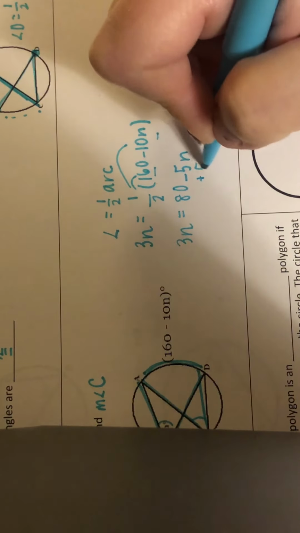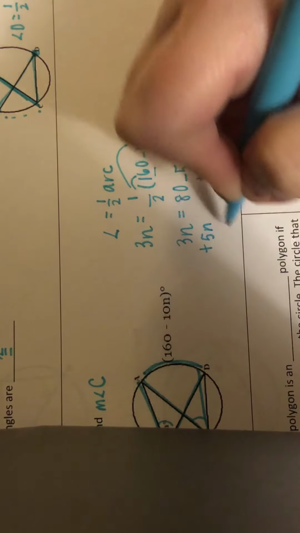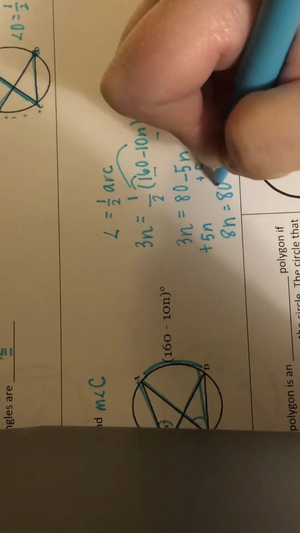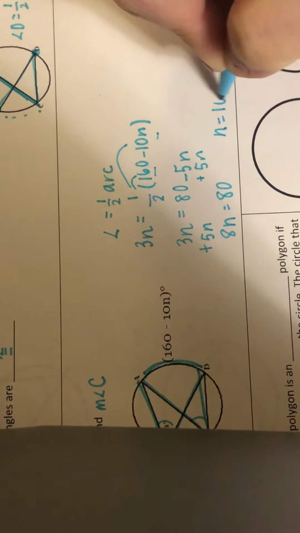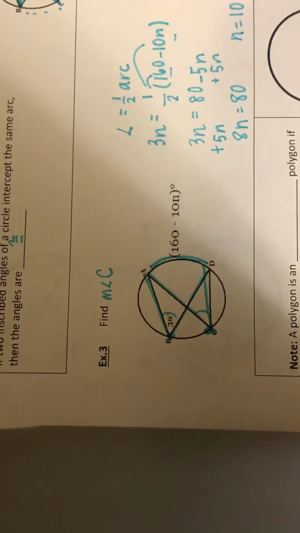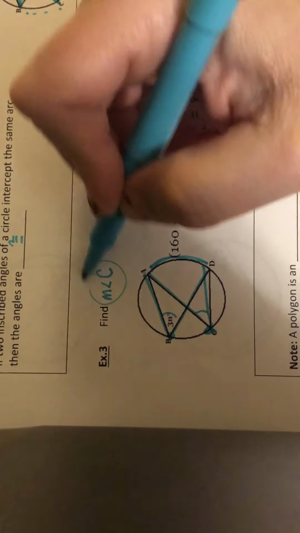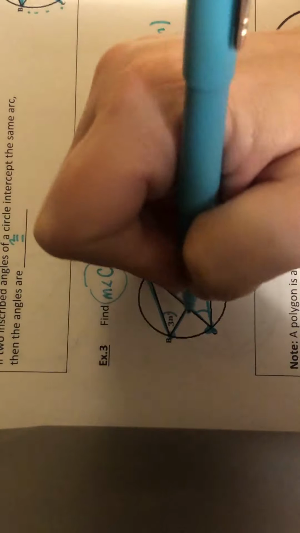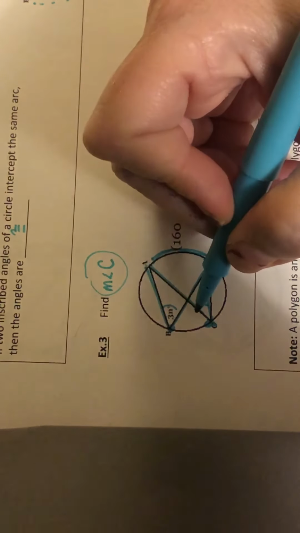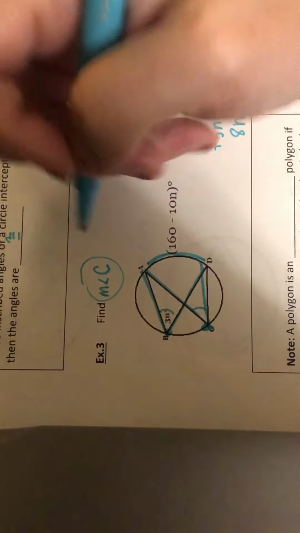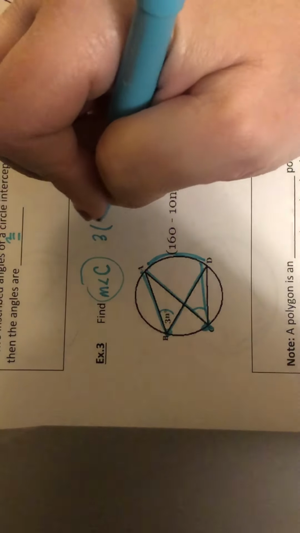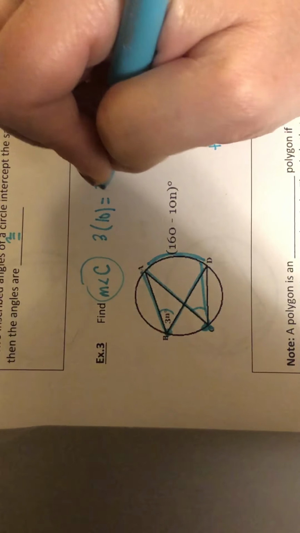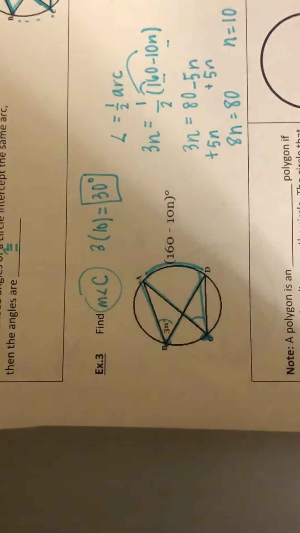Add 5n to both sides. 8n is 80, and n is 10. Now, remember, they didn't ask for n, they asked for the measure of angle C. So I'm going to go back up here. I know that it's 3n, so you just do 3 times 10. So that would be 30 degrees, would be your final answer.